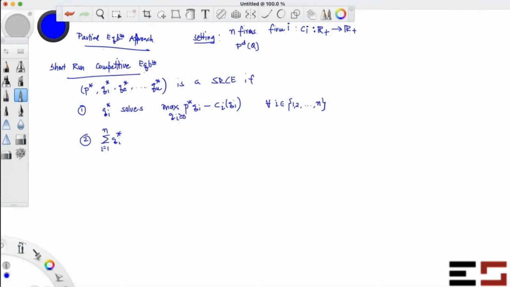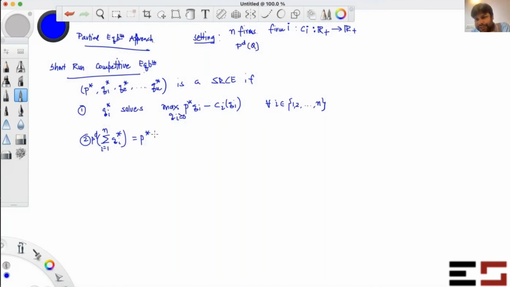What do you mean by that? It means that if you put this in the inverse demand function, you should get P star. That's it. Have you understood this? That's the definition of short-run competitive equilibrium.